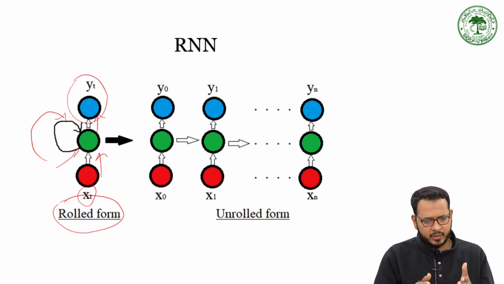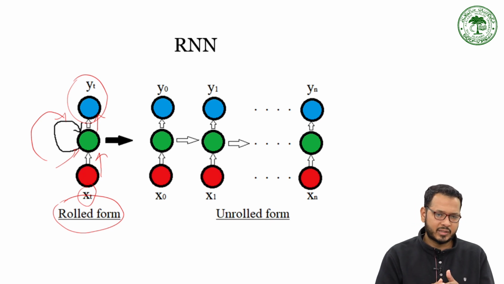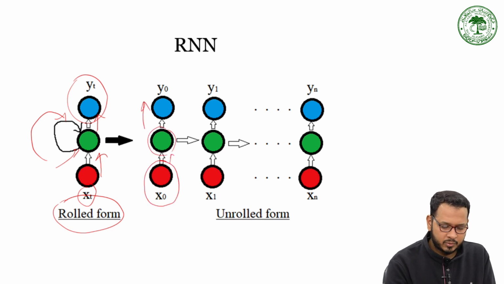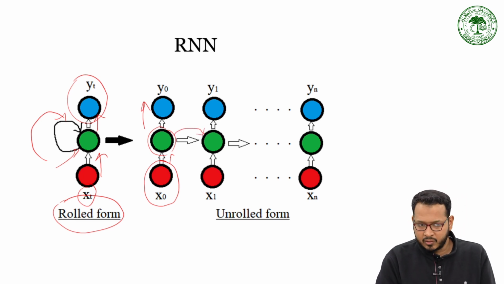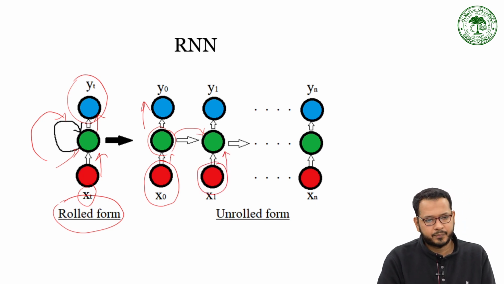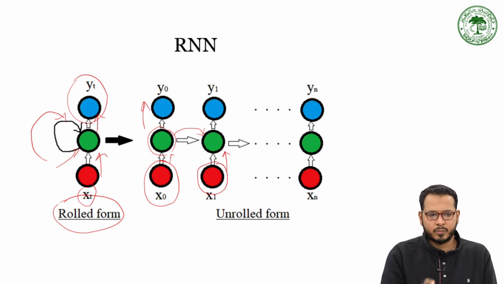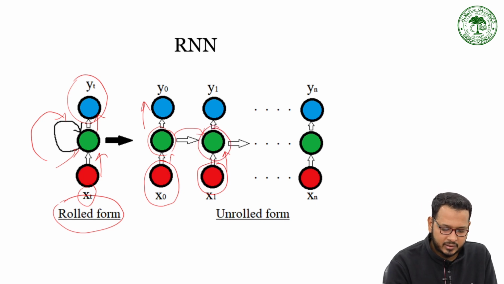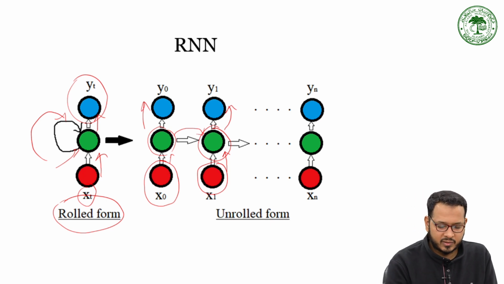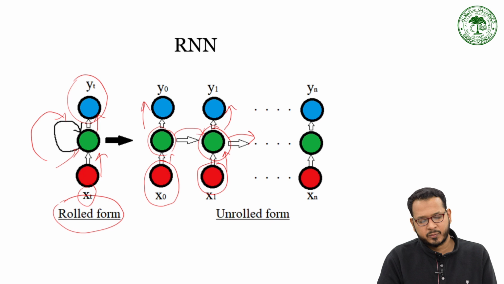If we take the same set of sequences and put that in the unrolled form, you will find that the first node takes the first input, does some processing, gives the output, but at the same time it sends the information to the next processing unit also, so that when the next input comes, it can fetch the information from the previous input also, and combining both, it can produce the output and also forward the information to the next processing unit.